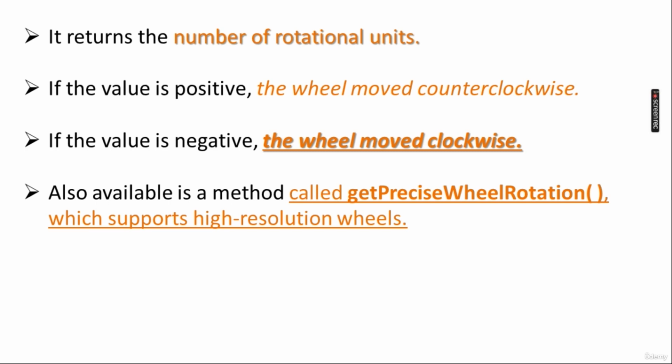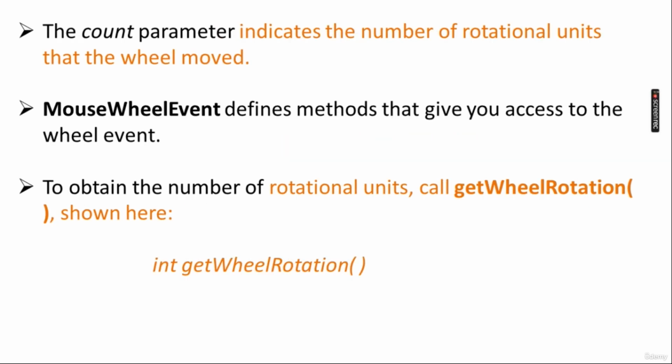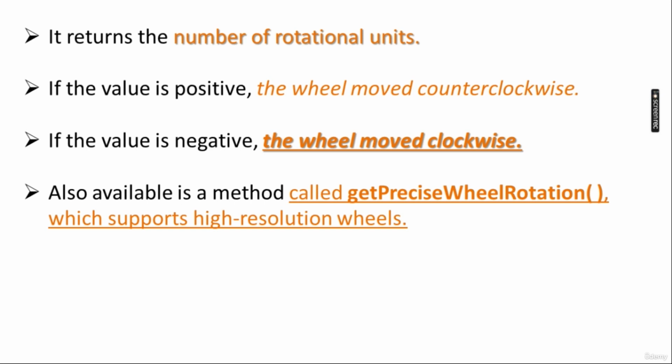So you have to remember this: the number of rotational units is returned by the getWheelRotation method. Five times it was rotated, 10 times it was rotated. If it is positive, the wheel was moved counterclockwise or anti-clockwise, and if the value is negative, the wheel was moved clockwise.